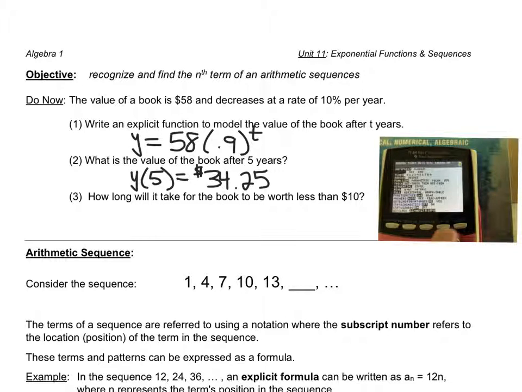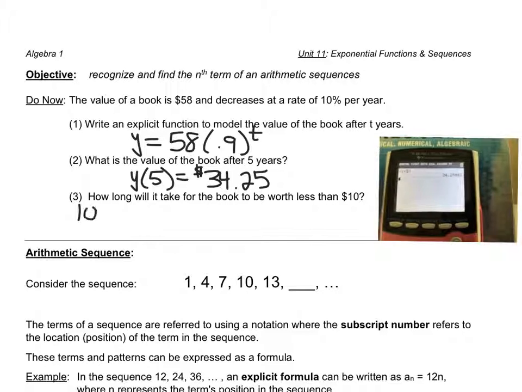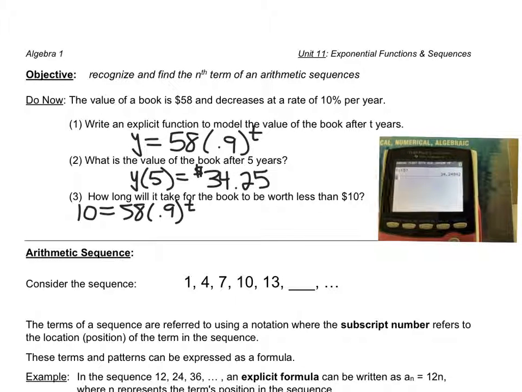All right, so now what I want to do is solve, because we want to know how long it's going to take to be worth less than $10. So I'm going to find the benchmark, 10 equals 58 times 0.9 to the t power. For that, I had y equals. I put in the 10 in both cases.